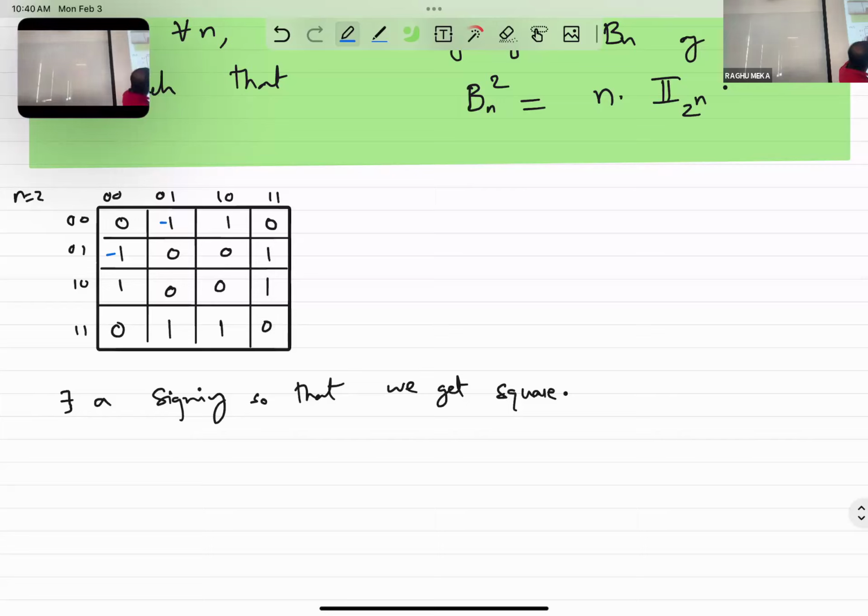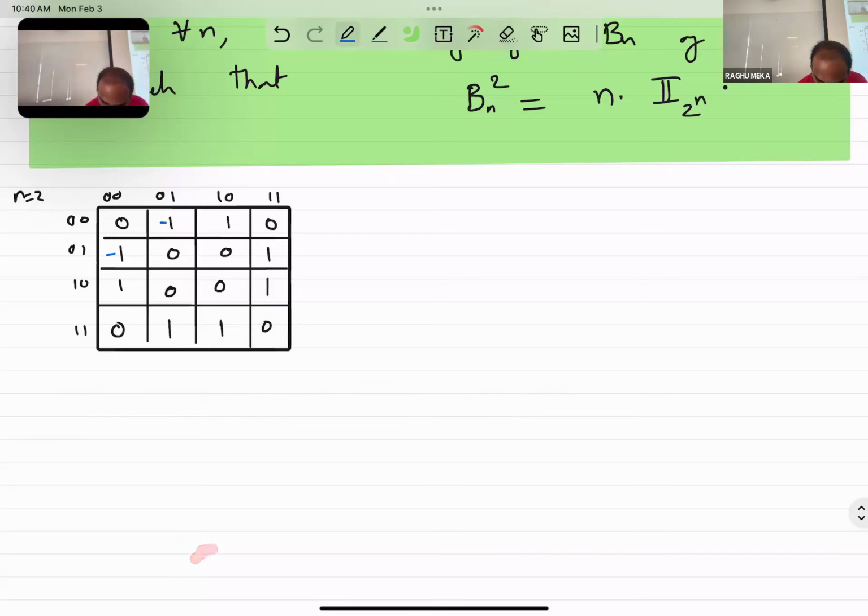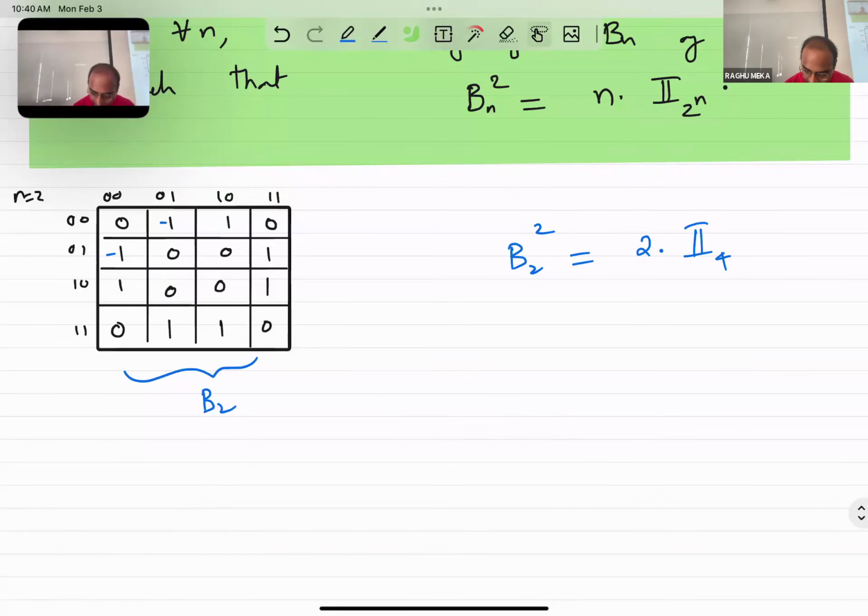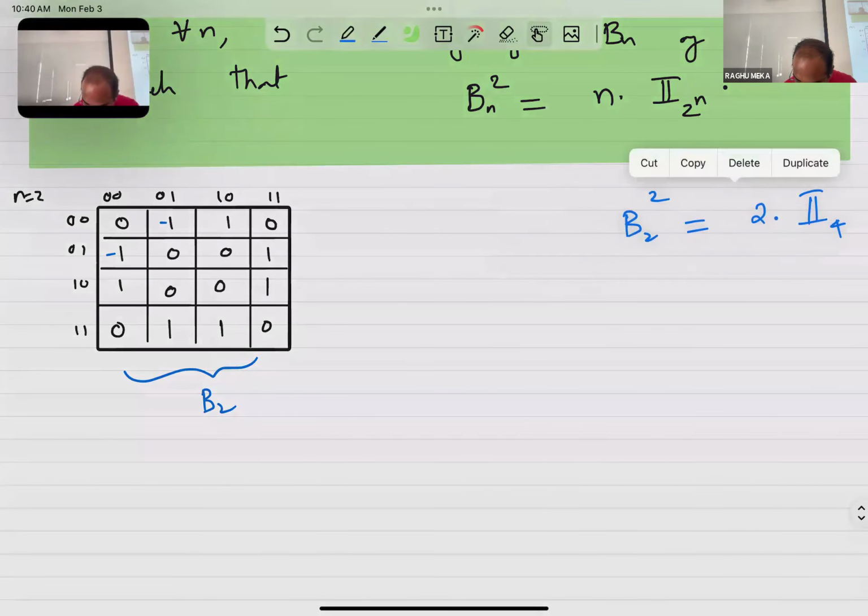You can check this, that the square of this, maybe let me just write it down. So this I'm going to call B2. B2 squared is actually 2 times I4. Maybe let's do a simple cross check.